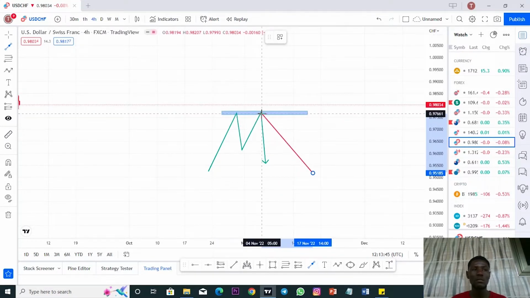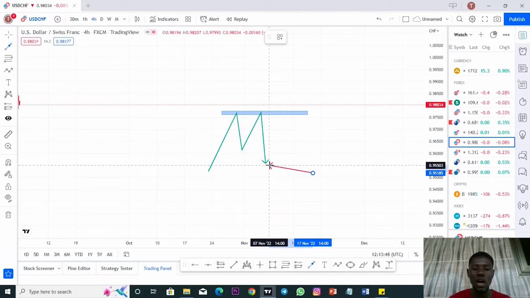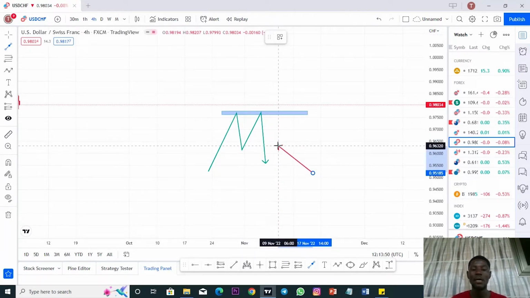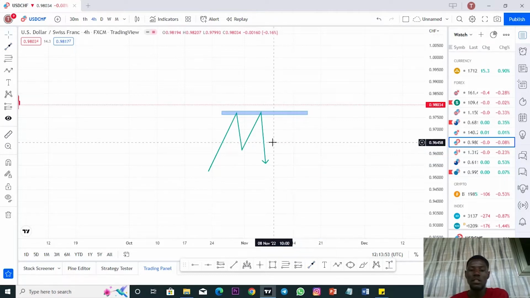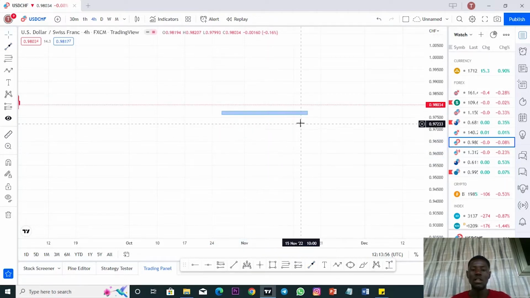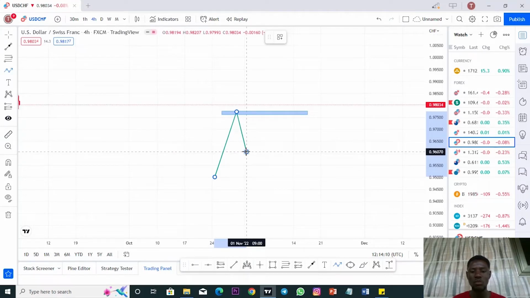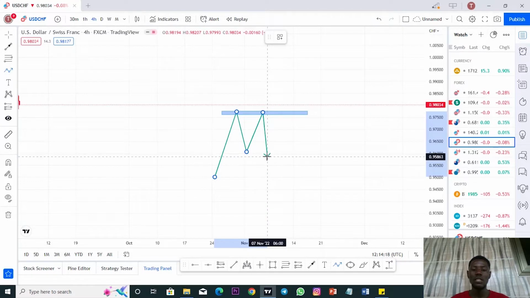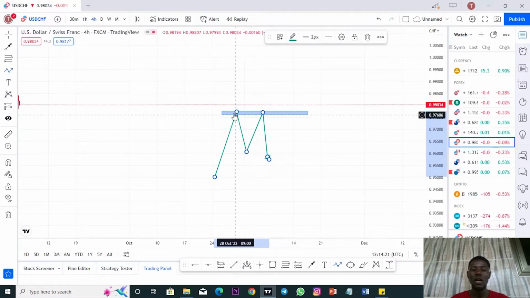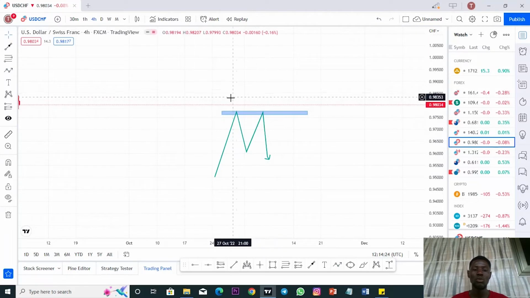That is where the market begins to push to the downside. So this is how we spot the M patterns. The M pattern is created where there is a support and the market is pushing towards the resistance. When the market rejects it for the first time, pushes to the downside, comes back again and rejects it for the second time, then we can say the market has formed an M pattern or a double top pattern.